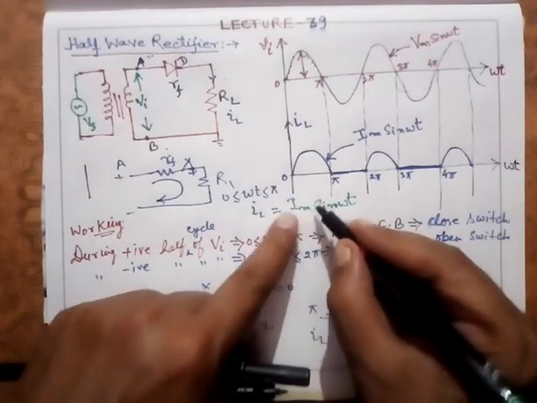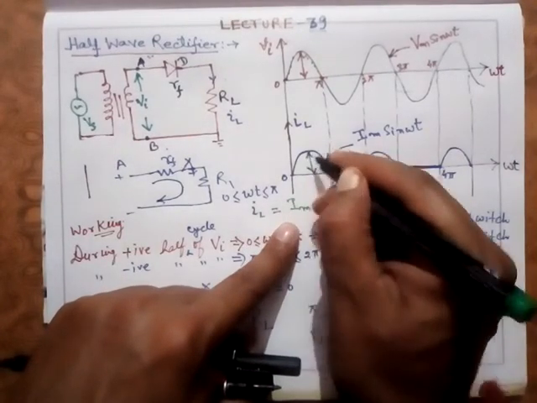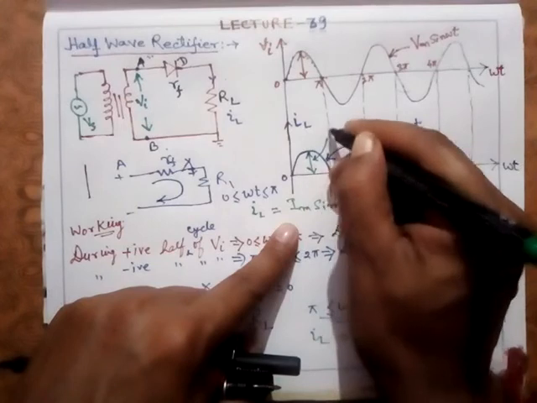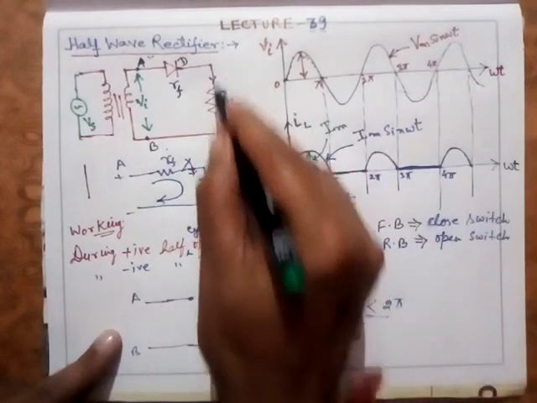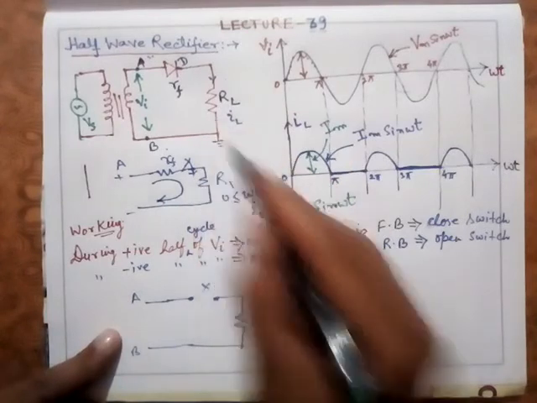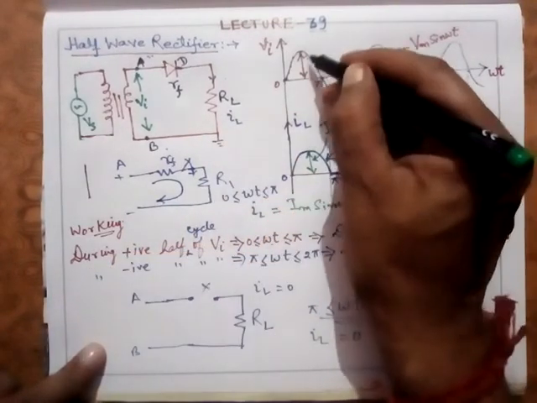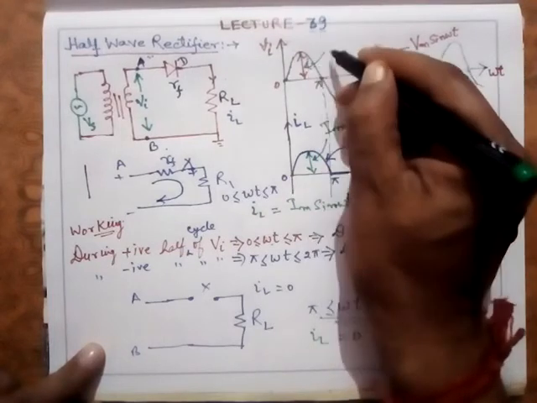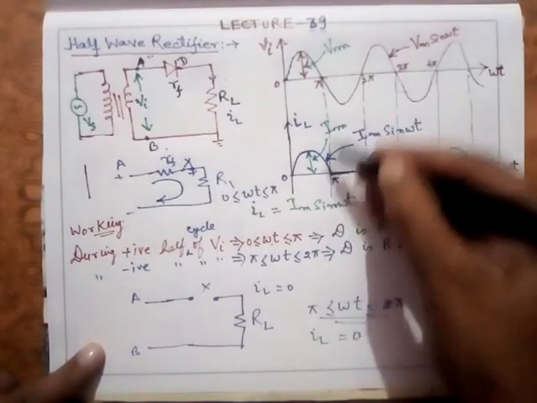Now what is the value of this Im? This is Im, the maximum value of this output current, means current through this load. Current through this load is Im sine omega t. And Im will occur when this V is equal to Vm.